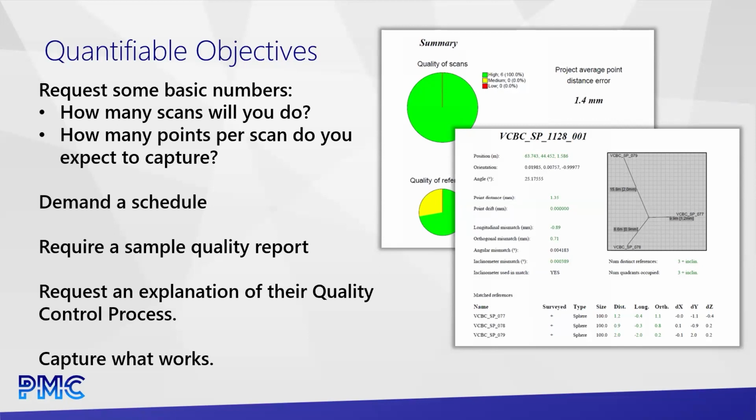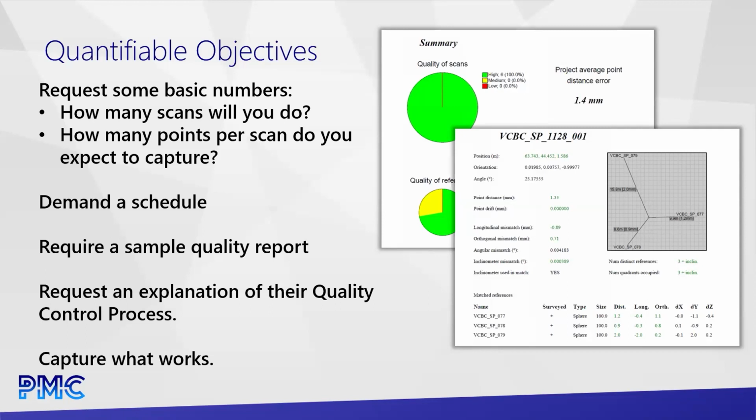Demand a schedule, always a schedule, right? How long are people going to take? Again, because we see this, right? There are a lot of really good scanning companies in the US in particular, but there's a lot of very, let's call them young scanning companies. One person with a scanner kind of thing. Even a 200,000 square foot job, if it's one person with a scanner, they're likely going to take far longer than will align with your schedule for your project.